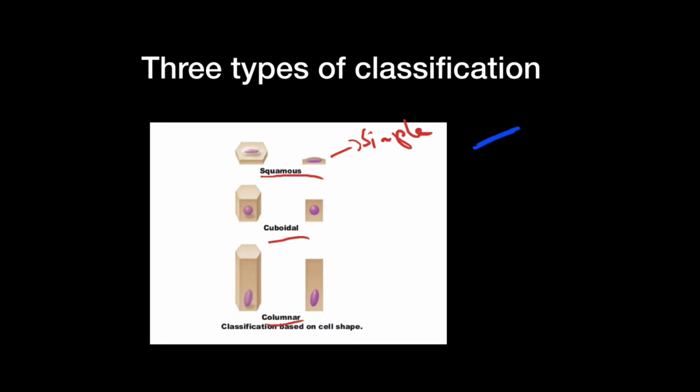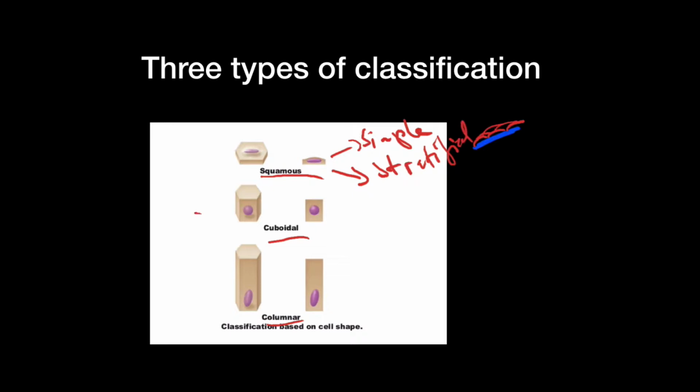And then you have these flat, thin, simple squamous epithelium cells on top of that basal membrane, they're going to look like flat pancakes. But if we would pile up those simple squamous epithelium on top of each other, we will get stratified. We'll call this stratified squamous epithelium.